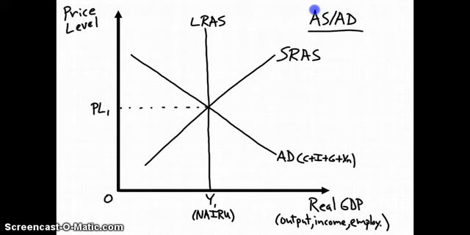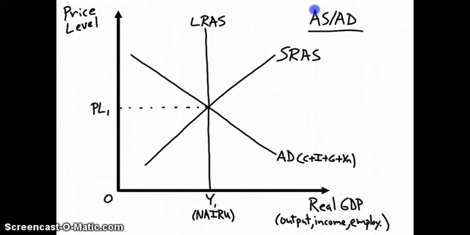3. Then in part B, they want to show the effect of an increase in exports on our graph, and so we want to label the new price level and output Y2, PL2.